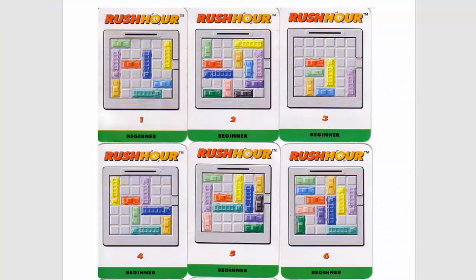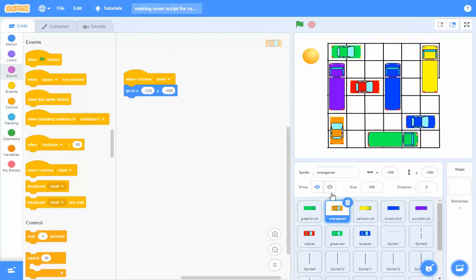Let's have a look. Yep, that looks pretty good. So now we've set up the second part of this project, and that is to be able to set a program that will reset the vehicles back into their starting position.